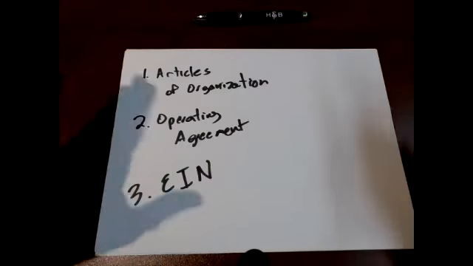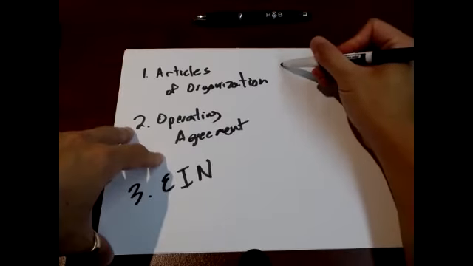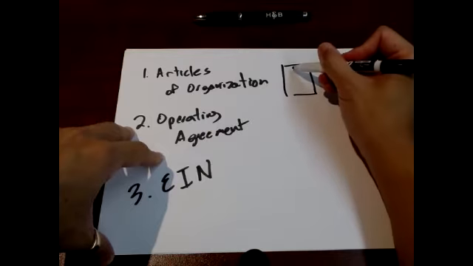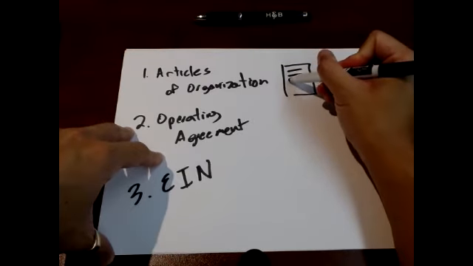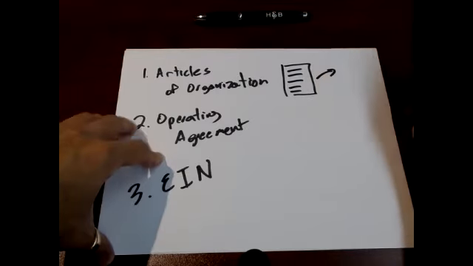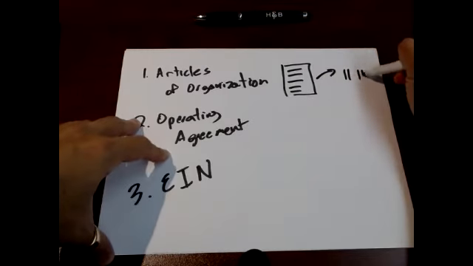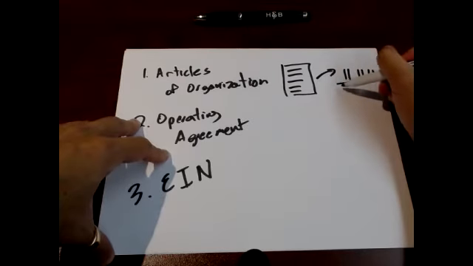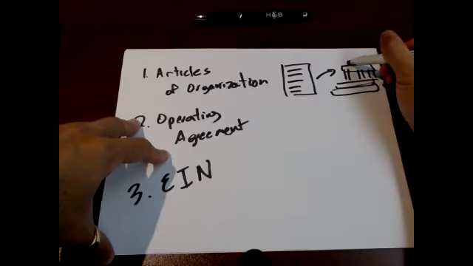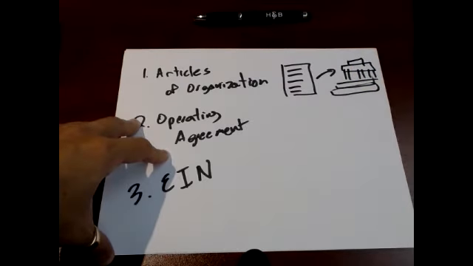Let's break them down. So the articles of organization, sometimes called a certificate of formation in other states. Here in Hawaii, we use articles of organization, a document that you file with the government. So you'll find some government building, most times nowadays online, that you'll file it with.